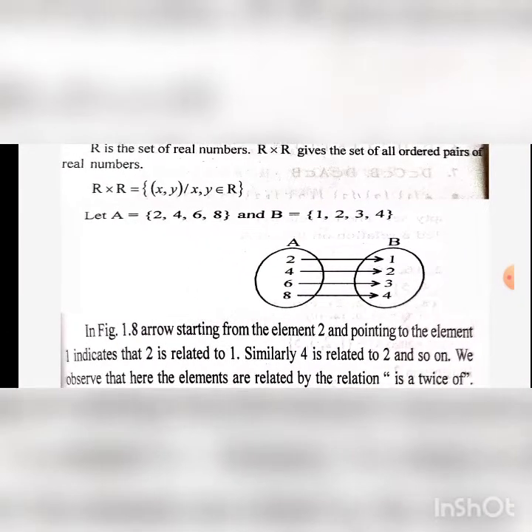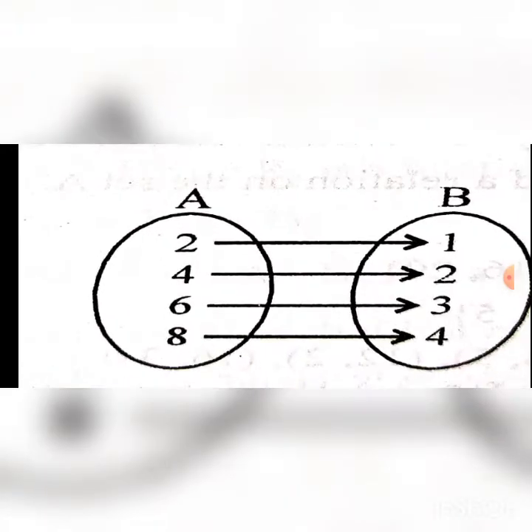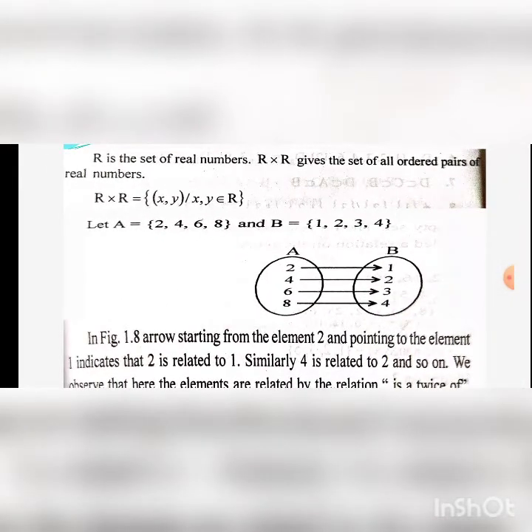So see, let A equal {2, 4, 6, 8} and set B equal {1, 2, 3, 4}. You can see here the diagram. The element 2 is pointing to the element 1. That means 2 is related to 1.